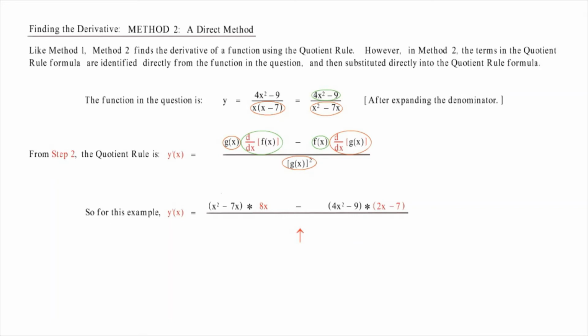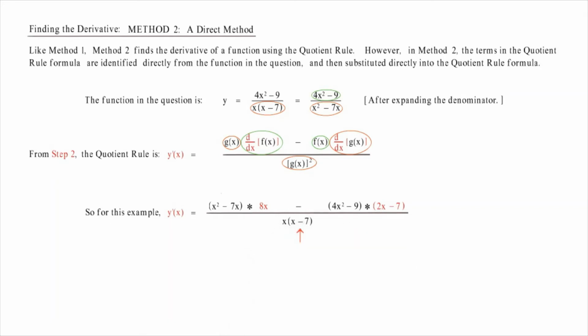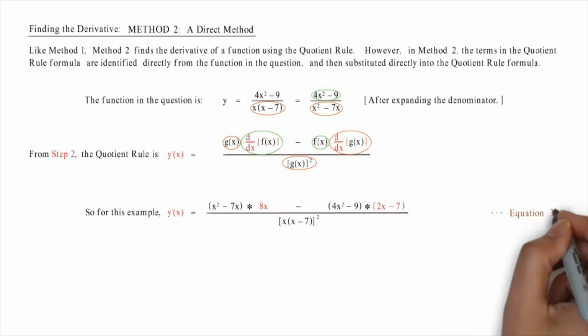So substitute x(x minus 7) all squared. Call this equation 3.